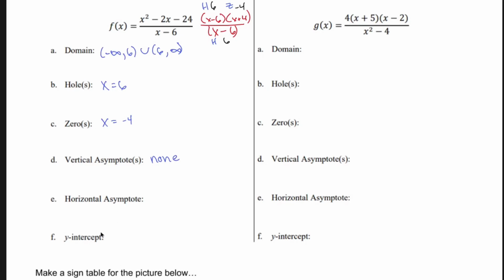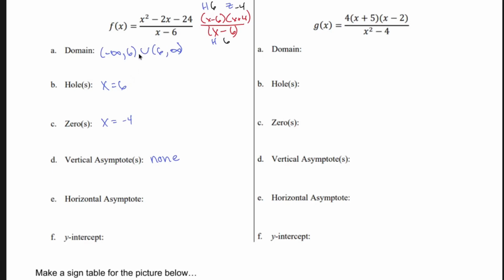Now, horizontal asymptotes. That's when things get a little bit wacky. We saw this before as well. A horizontal asymptote is found basically with your end behavior. If your degree in the upstairs is the same as the degree on the downstairs, then your horizontal asymptote is going to have to do with leading coefficients.